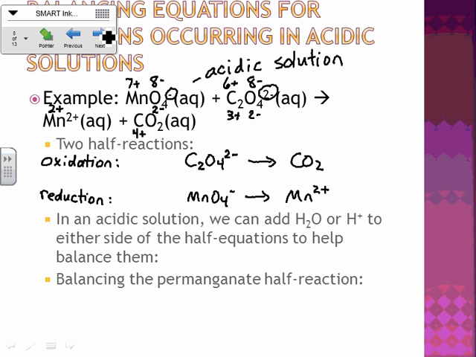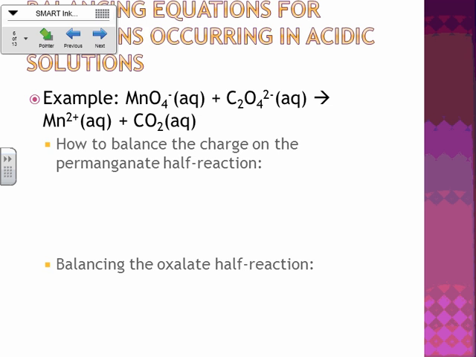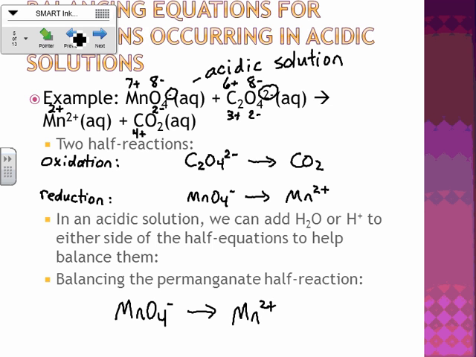So this is kind of low down on the screen. I apologize for that. But the MnO4 minus goes to Mn2 plus. There's something kind of strange about that reaction to begin with.